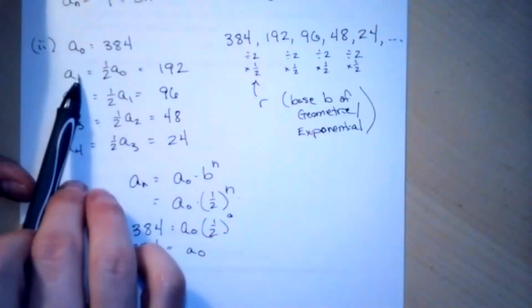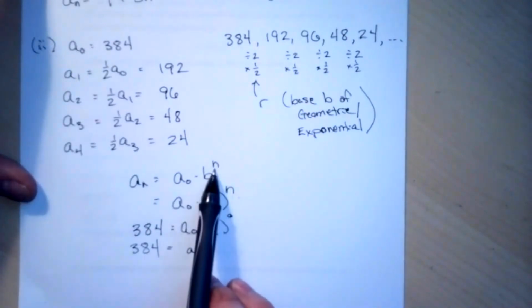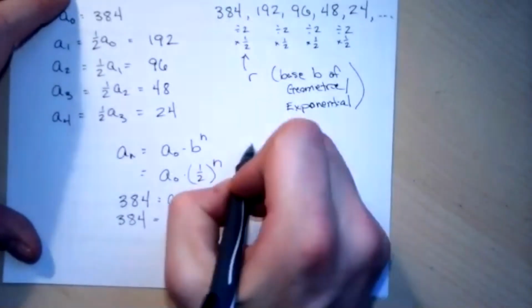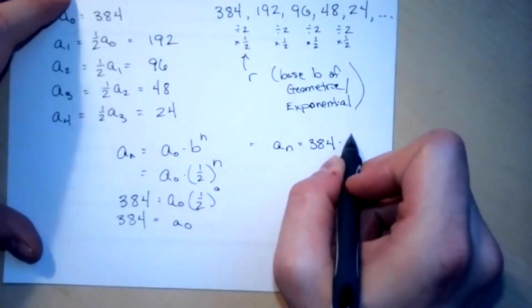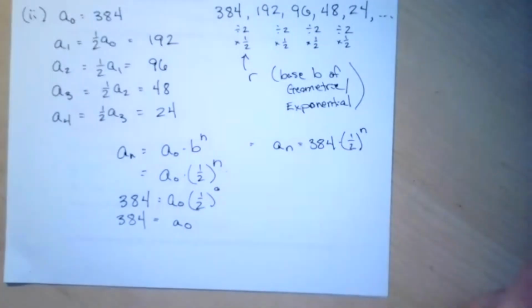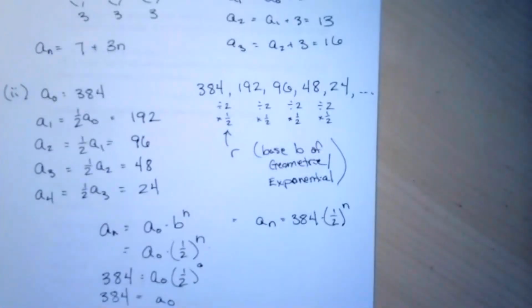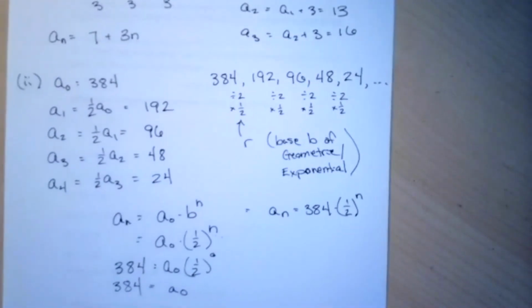If it starts at 1, sometimes you can shift and write this b to the n minus 1. Any questions on that one?